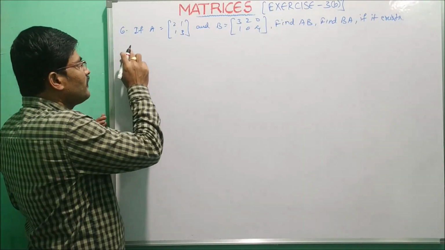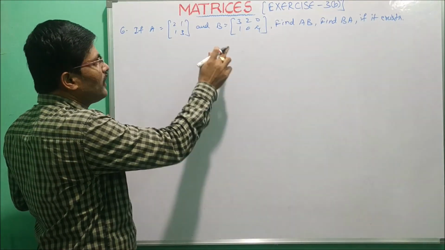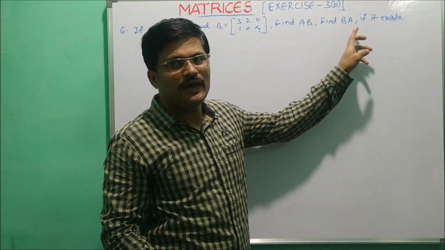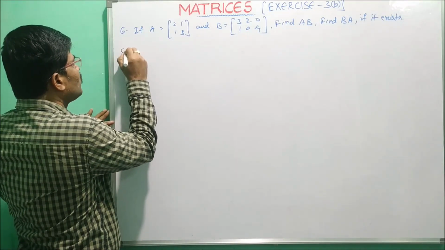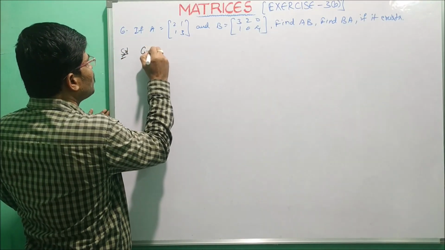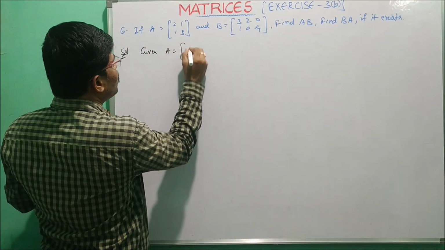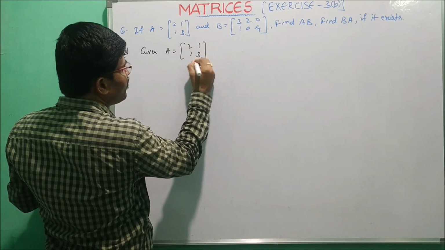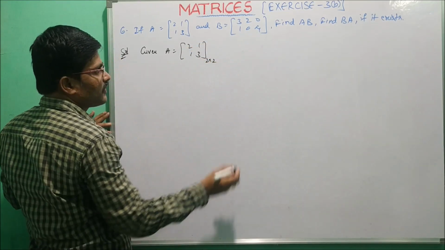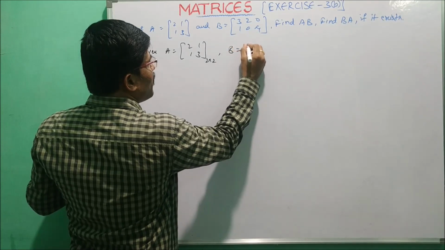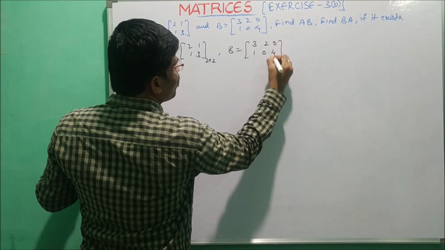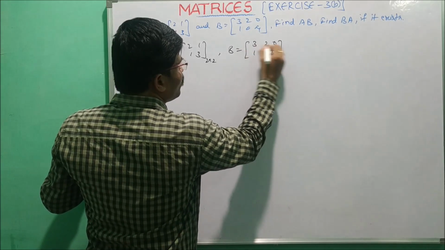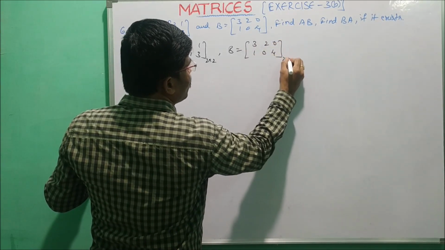Now the sixth one: the given two matrices A and B, here also to find AB and BA if they exist. Now we go to the solution. Given the matrix A is 2 1 1 3, so this is a 2 by 2 square matrix. And the matrix B is 3 2 0 1 0 4, so here the order is 2 rows, 3 columns, that is 2 by 3.